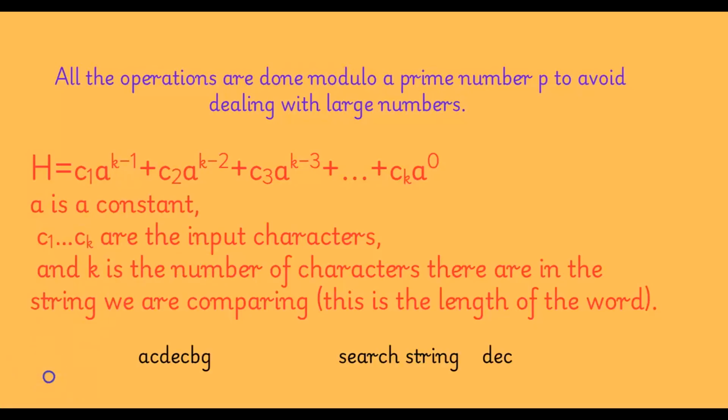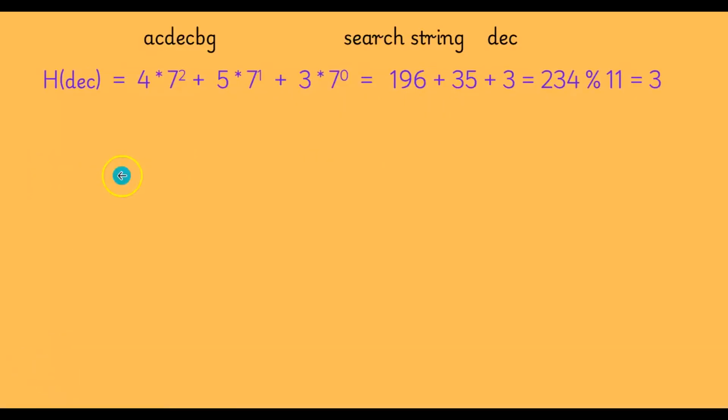Let us apply this algorithm on a simple example with a 7 character string, and the search string is 3 characters, that is DEC. This is the given string and we are going to search for the string with the 3 characters DEC.